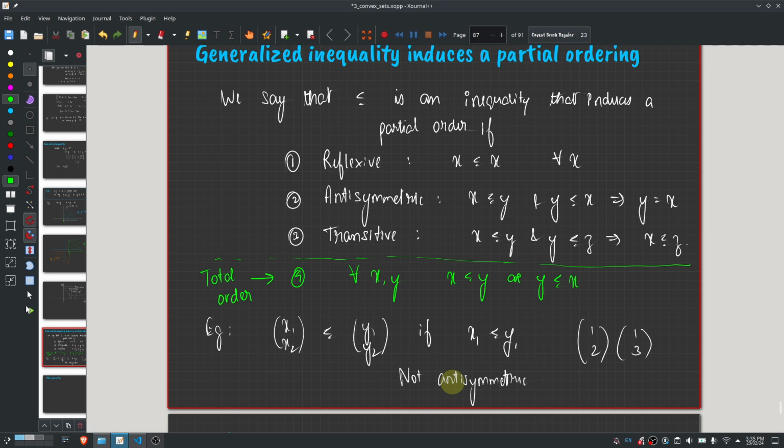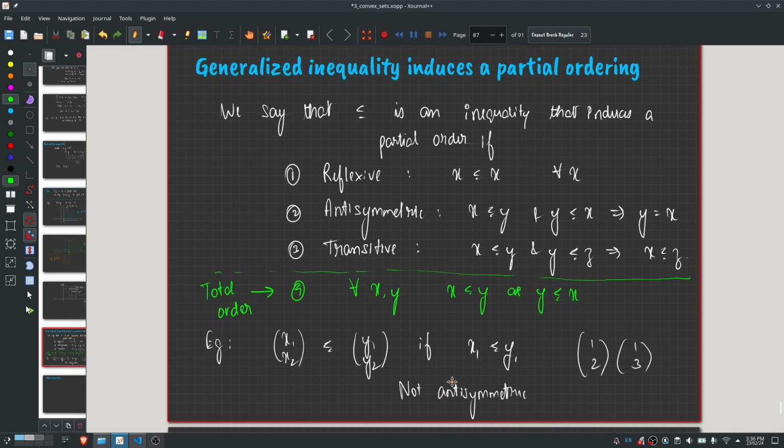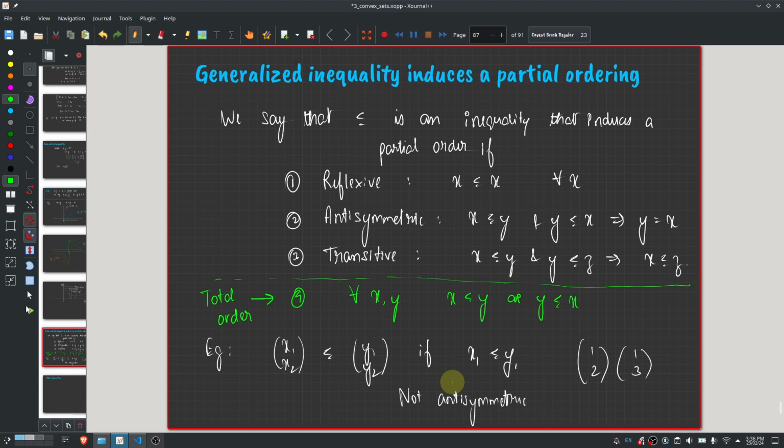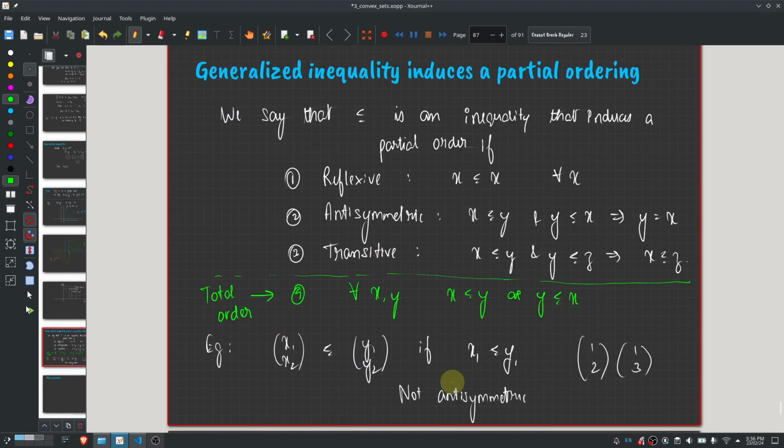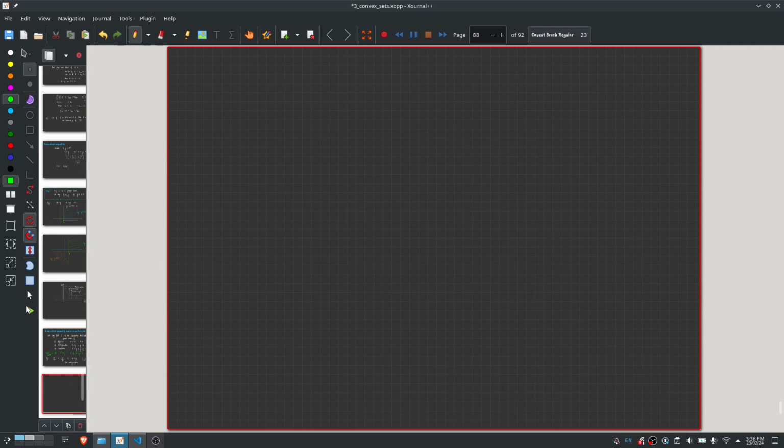Okay. So going back, does generalized inequality induce a partial ordering? So firstly, we want to show that generalized inequalities are reflexive. So consider any vector x belonging to whatever the underlying vector space.